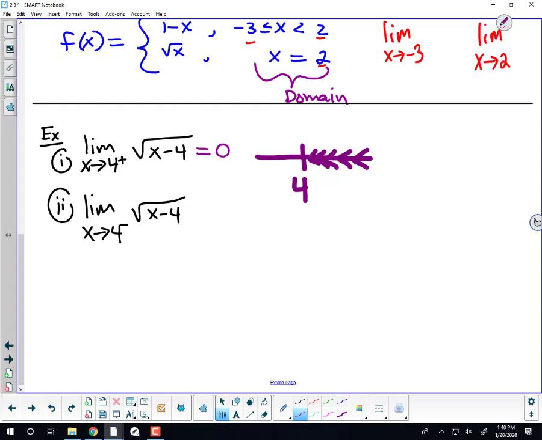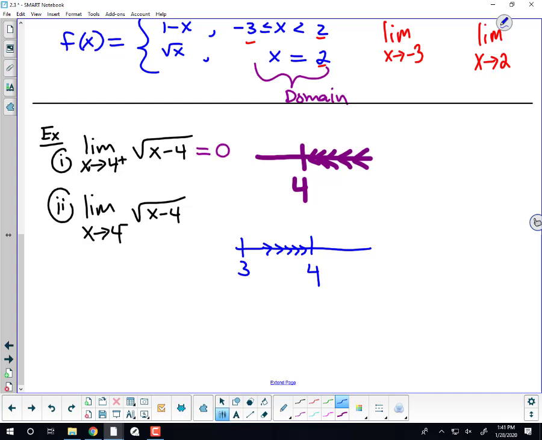How about part 2? Exactly. That limit doesn't exist because you're going to end up with a negative under the radical. If we're approaching 4 from the left, all of these values are slightly smaller than 4.